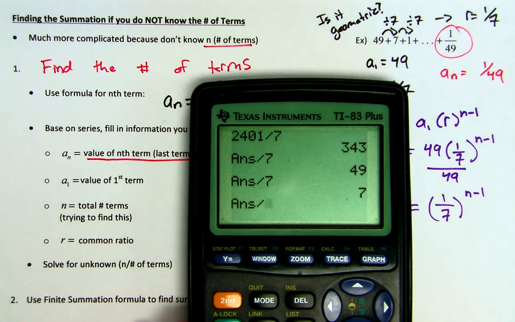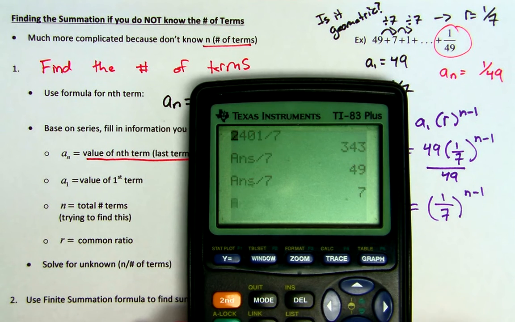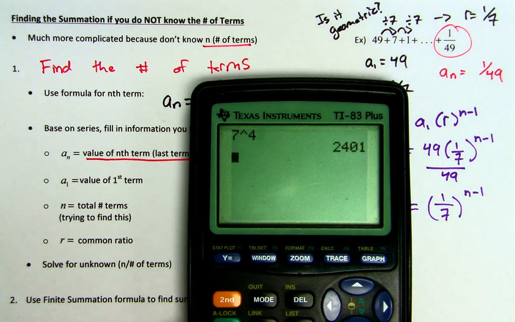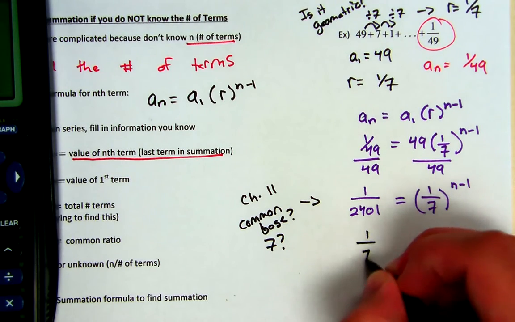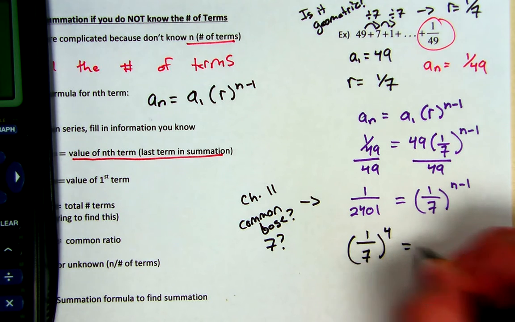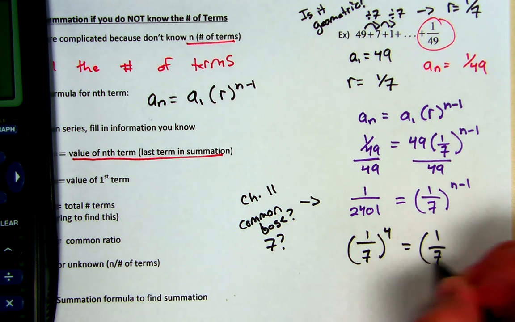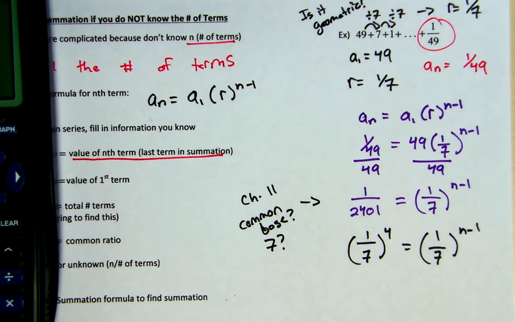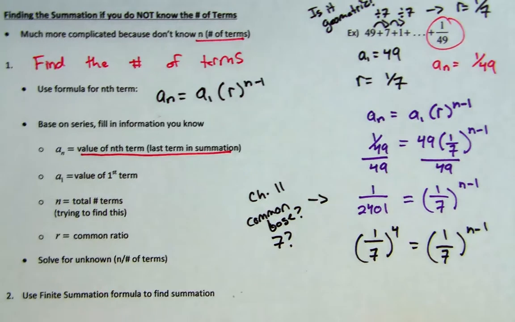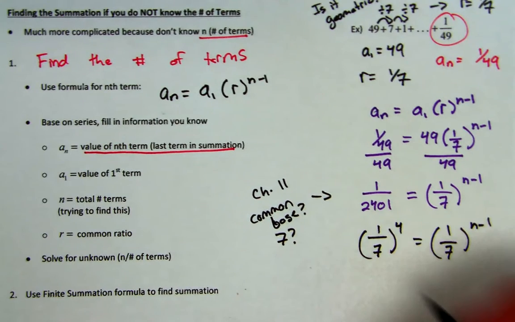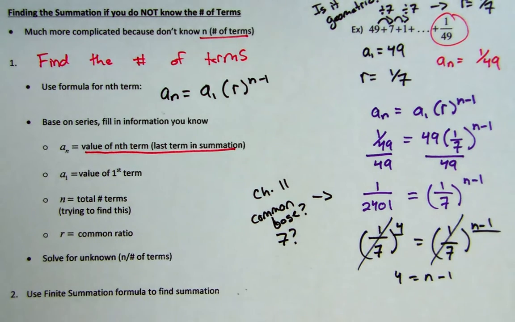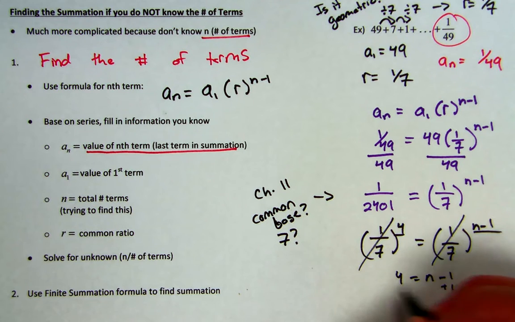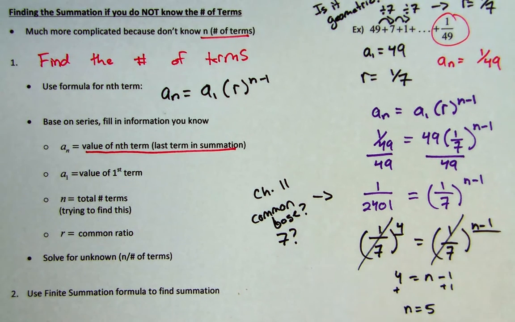Oh, look, we made it to 7. So it looks like it was 7 to what power? 7 to the 4th power? It is. So I can do 1 over 7 raised to the 4th power equals 1 over 7 raised to the n minus 1. Since I found a common base, now I can get rid of those and set my exponents equal. 4 equals n minus 1. Add 1, n equals 5.